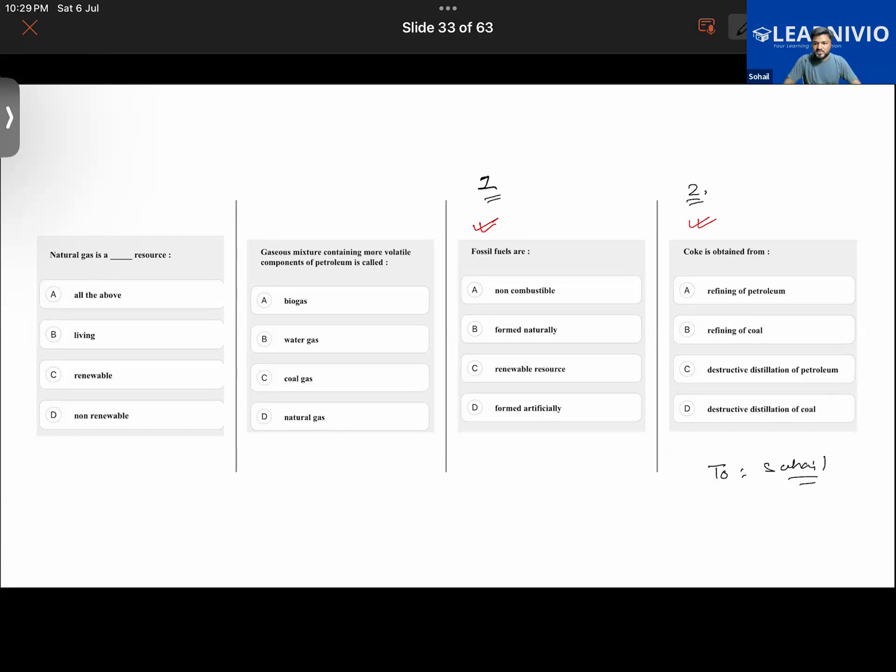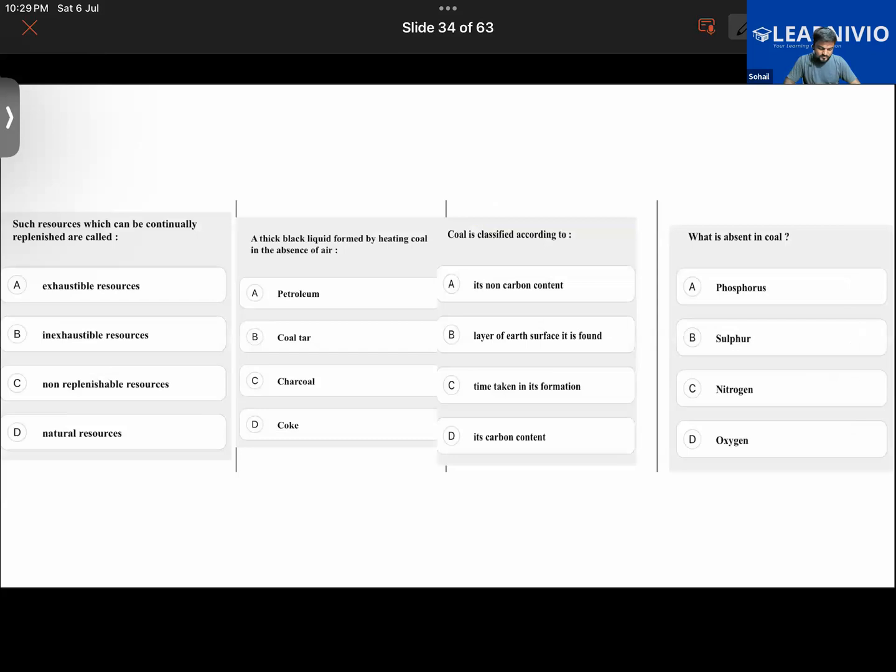Yeah, Aisha, your answer is correct. Ibrahim, your answer is also correct. Yeah, Vaiga, it is correct. Okay. So we know that fossil fuels are formed naturally, while coke is obtained from destructive distillation of coal. Good, everyone.